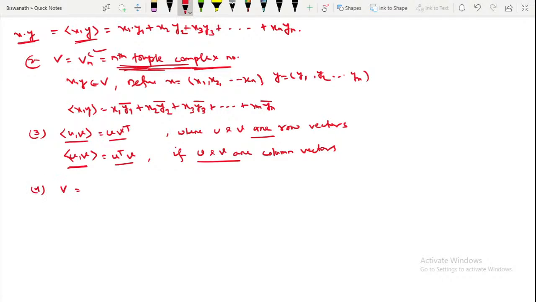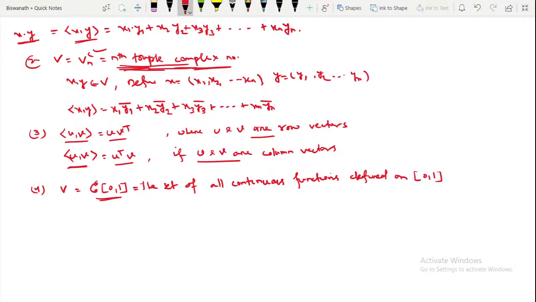Also, another type. Suppose my vector space is script C[0,1]. What is script C[0,1]? Script C[0,1] is the set of all continuous functions defined on the closed interval [0,1].